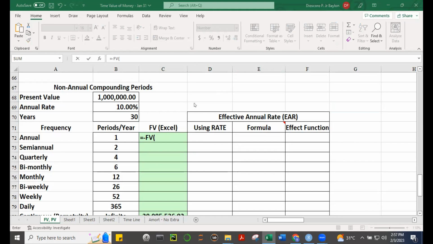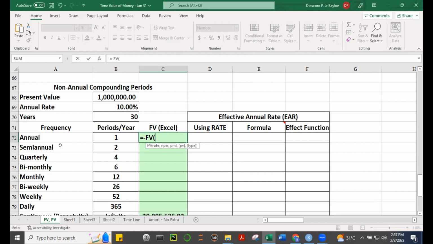So what do we do with the annual rate to get the effective rate, to get the interest per period? So you divide the annual rate by the periods per year, right? Yes, divide, correct. Thank you, Jillian. That's correct. So the interest rate divided by the number of periods per year.